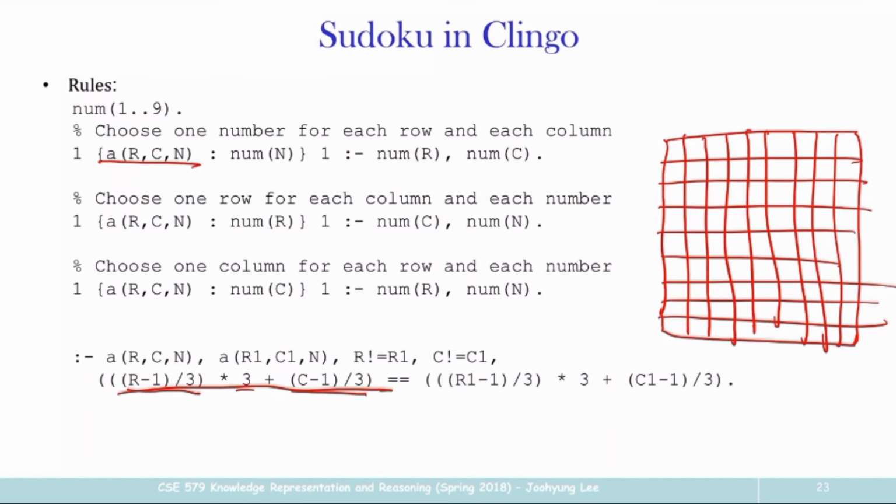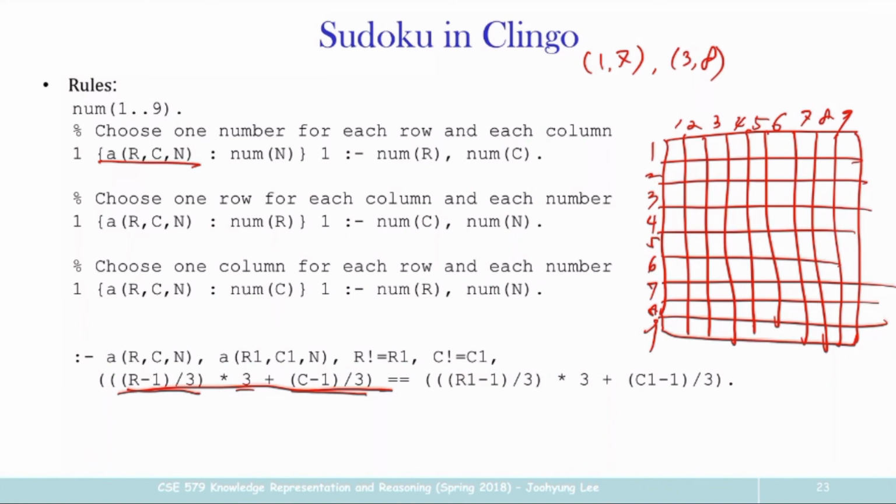Okay, that might be a bit difficult, but let's actually try to do something here. So if I have 1, 2, 3, 4, 5, 6, 7, 9, let's say positions 1, comma 7, and 3, comma 8 are in the same box, right?